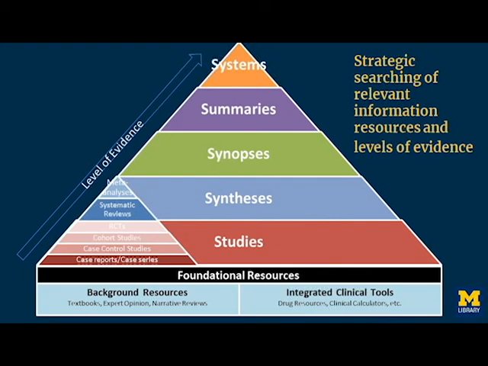But if you're not necessarily looking at a question that can be answered by a randomized clinical trial, and you're looking at risk or prognosis, you may be looking at lower levels of evidence. But in the case of your question, that is the highest level of evidence that is most appropriate for you. So the type of question you have will identify the type of literature types that you will look at.